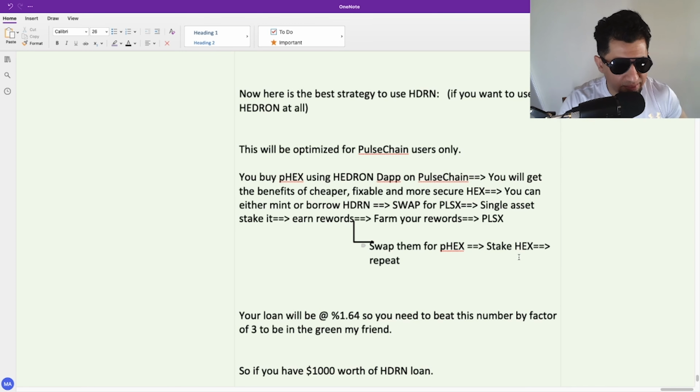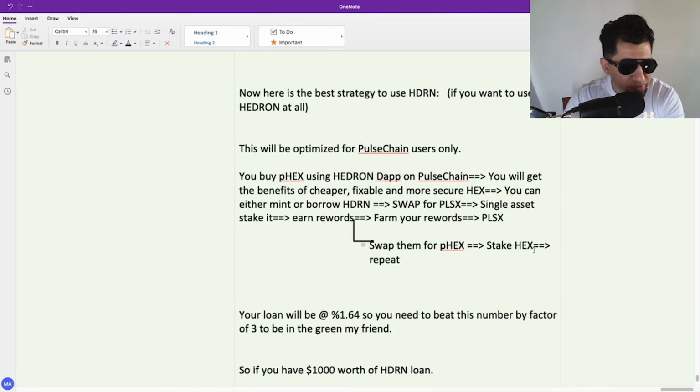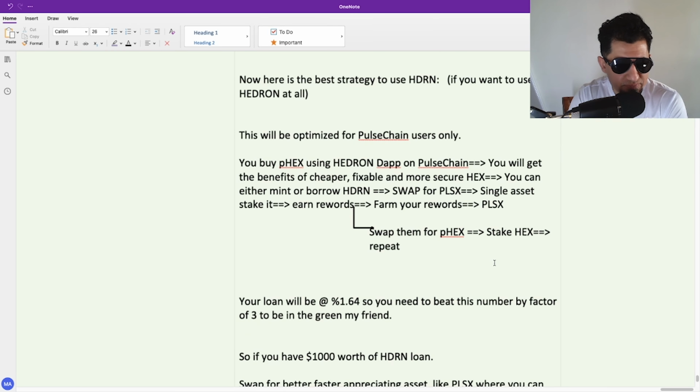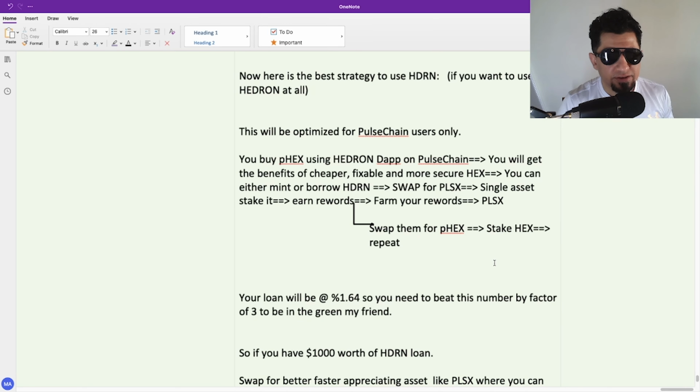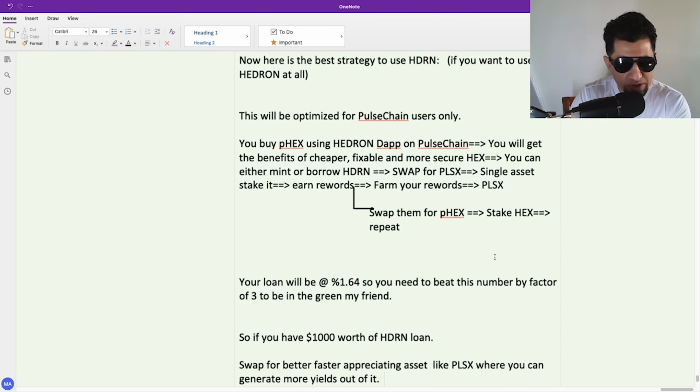So if you have $1,000 worth of HEDRON loan, you take that, you swap it with something better, a faster appreciating asset like PulseX, where you can generate more yield out of it. Simple.